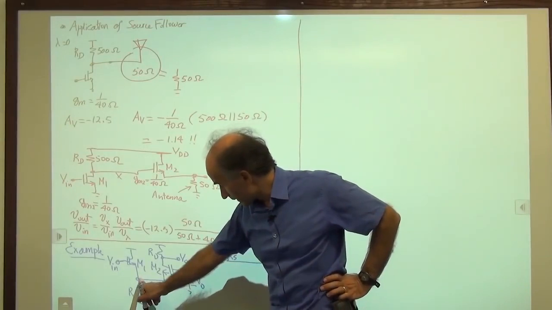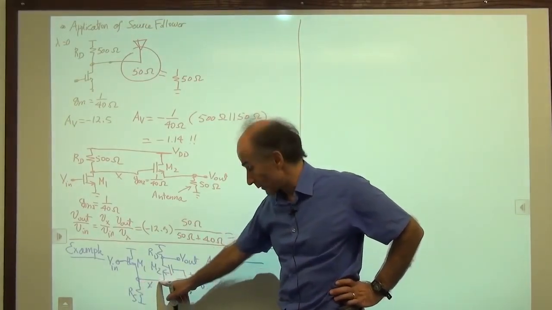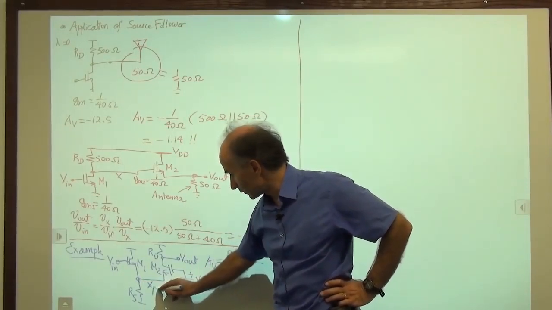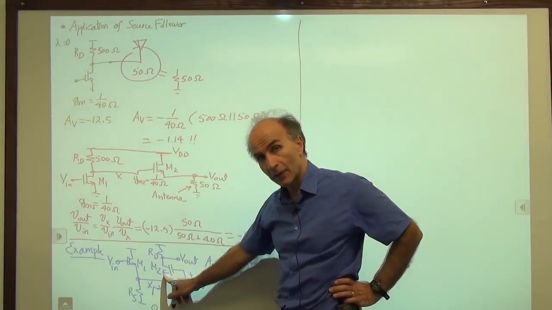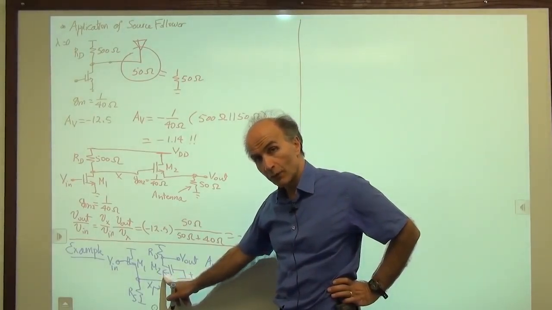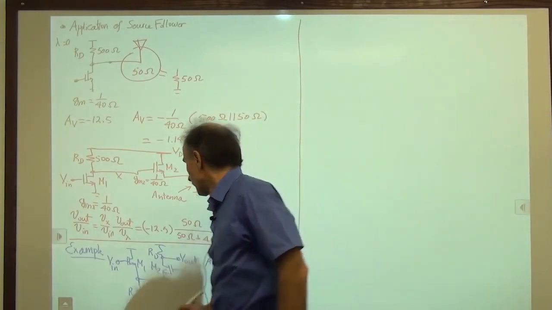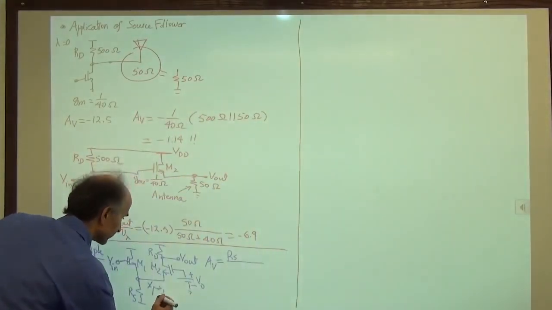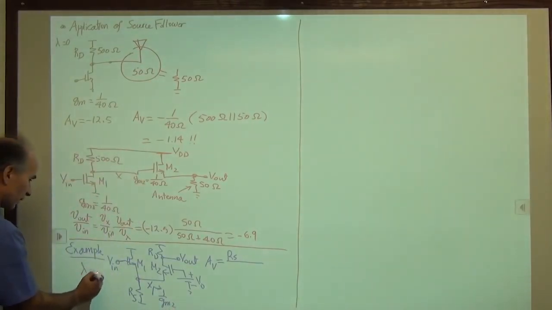Well, yes, because this terminal draws AC current, right? Do we remember that looking into the input of a common gate stage, we see 1 over Gm. So this is 1 over Gm2, assuming, of course, that lambda is 0.